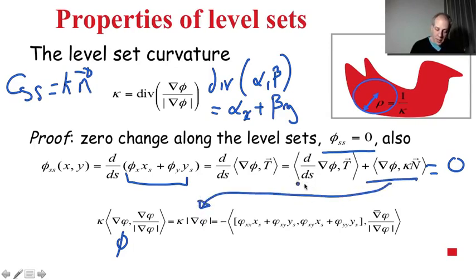Okay? This term, I'm not going to write it down, but by now you're an expert because we're just doing derivatives and chain rule. If you want to take the derivative of the gradient according to s, remember you have to take the derivative according to x, and then x_s, plus the derivative according to y, y_s. So you do chain rule again, and then you're going to get this expression.